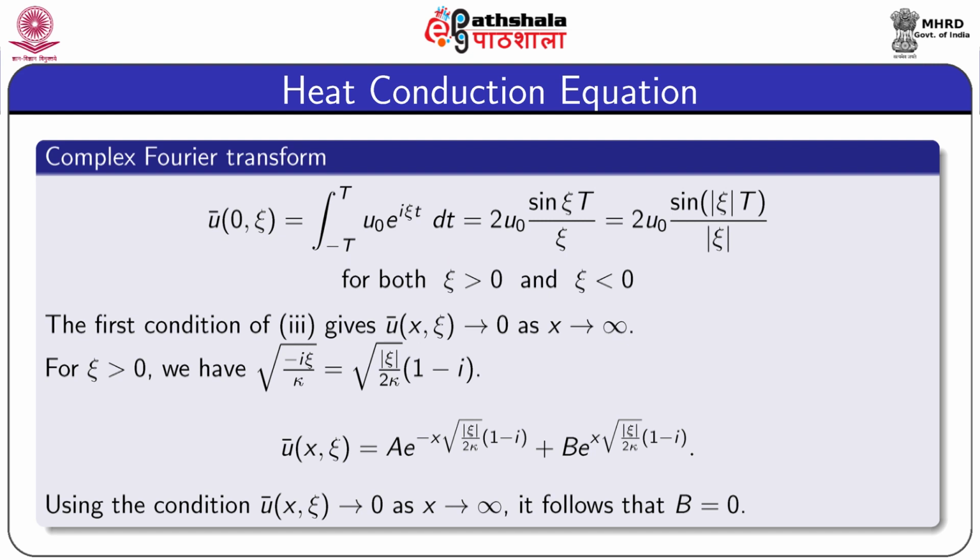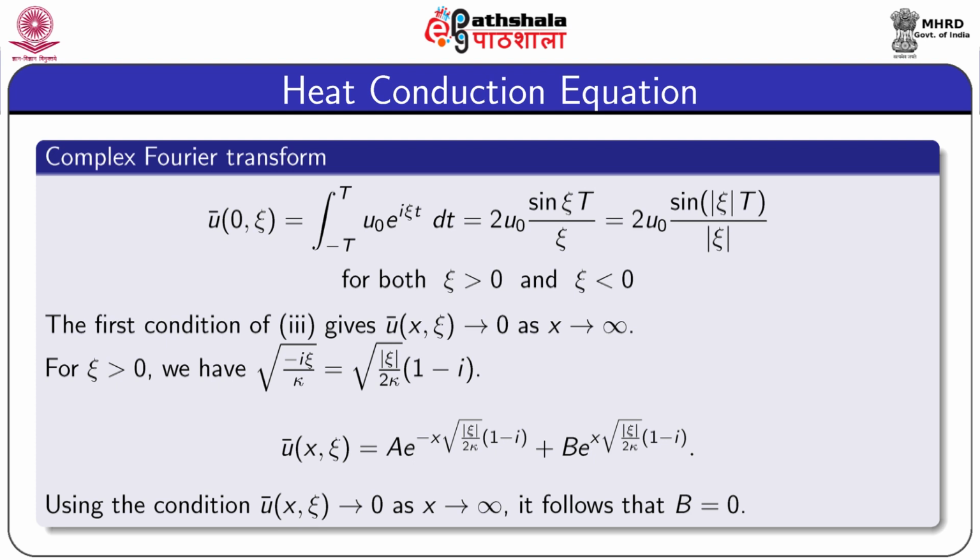But we also have that the value of u is u0 within the interval minus T to plus T. So, outside that interval, the value of the integral becomes 0. So, the limits of the integration become minus T to plus T.